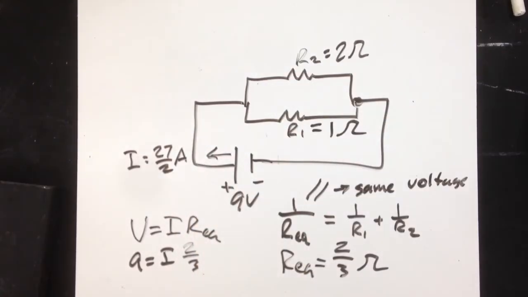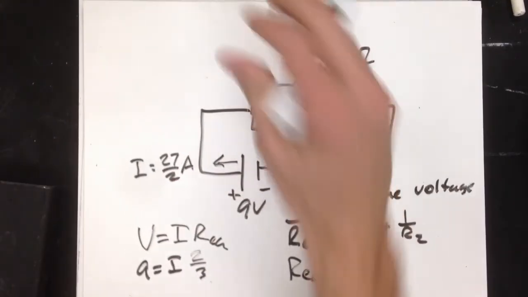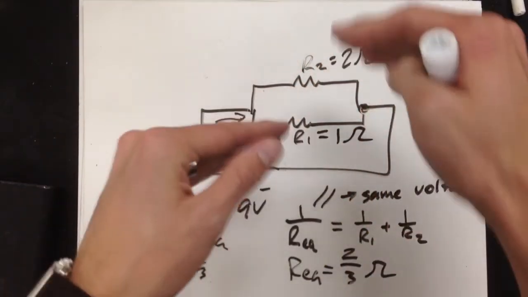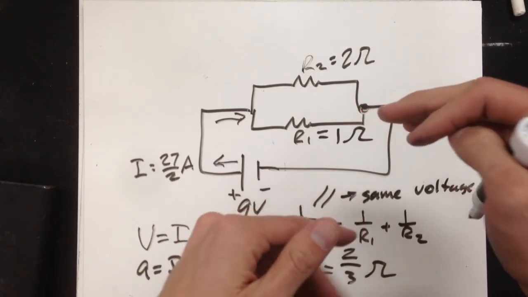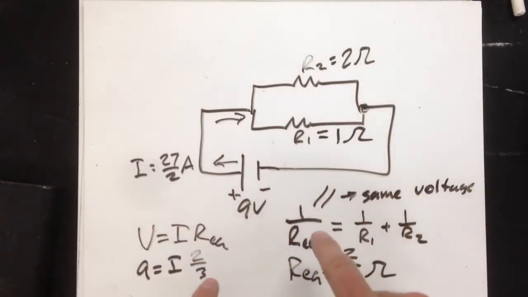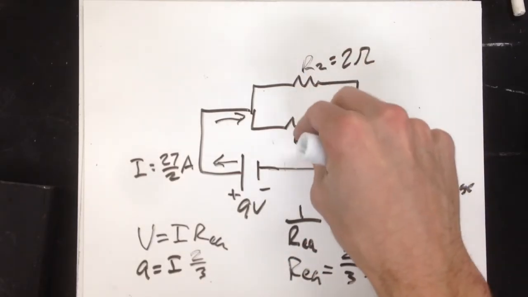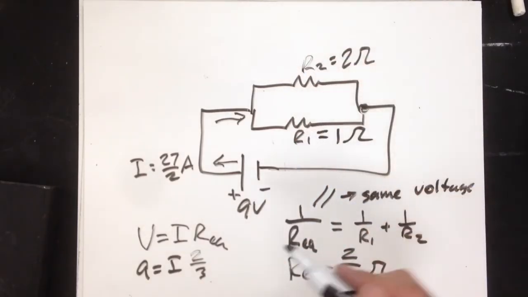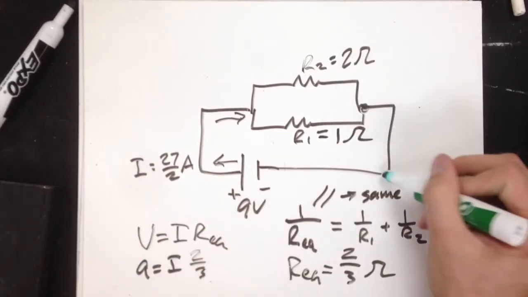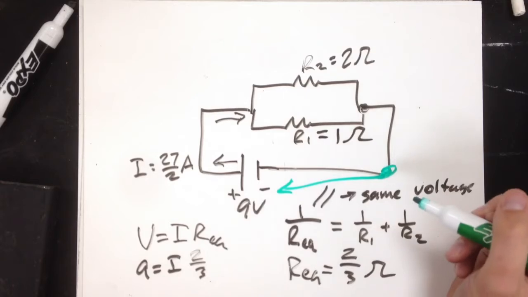drawn right out of that battery, which means 27 over 2 amps flows into this junction, and then it splits depending on the resistance. Now, here, R1 is 1. When I combine these to one resistor, let's look at the loop rule. If I start right here at this point, this bottom corner, I'll hit the -9 terminal.